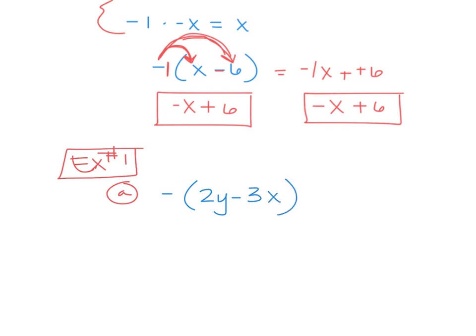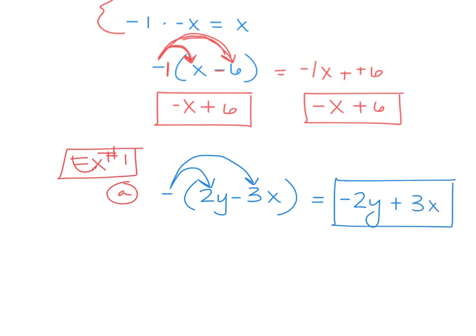Okay, take a minute and see what you get. All right, what do you get? -2y. Okay, so this was positive, now it becomes negative, and then that -1 times a -3 is a positive 3x. Okay, you make it opposite of what it was.